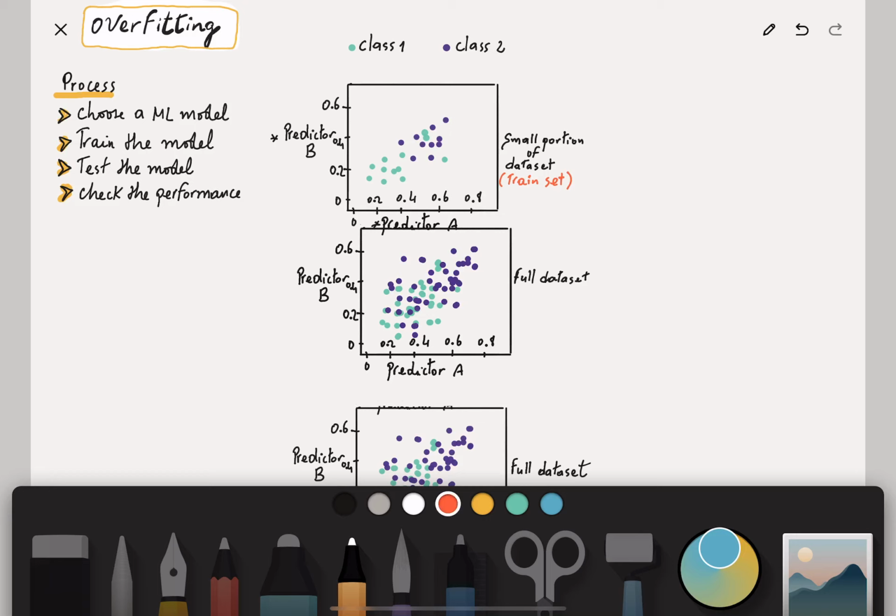Now, you might train your particular model, and then your model might give you something like this. I'm going to draw and separate the classes, and assume this is one particular model that we trained and gave us this separation.